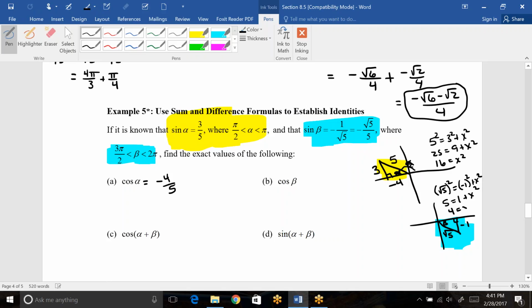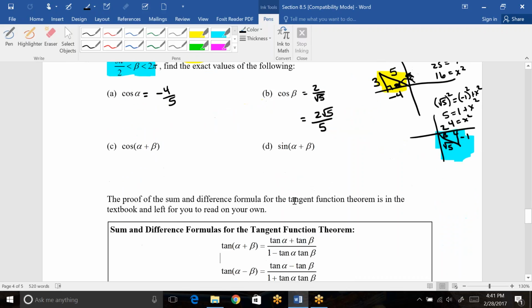So that's 4 equals x squared, or x is 2. And this time the x is positive because in quadrant 4 x's are positives and y's are negatives. So this would be 2 over the square root of 5 if we write it like that. If we rationalize, remember the square root of 5 moves to the top and you get square root of 25 in the bottom, which is just 5. I usually go with the rationalized version when plugging into the other formulas.